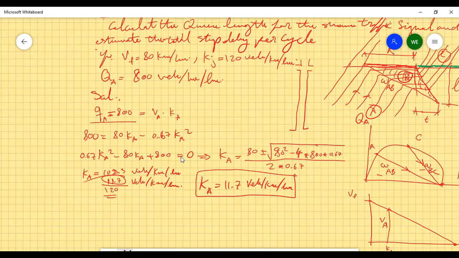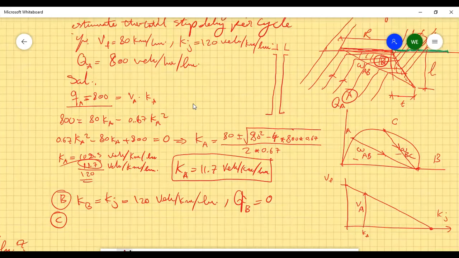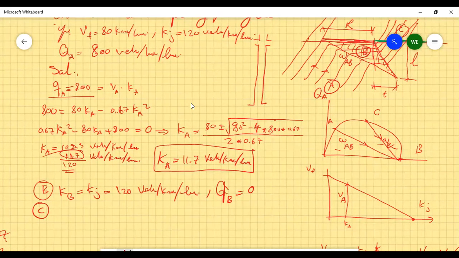Now for B, KB equal Kjam equal 120 vehicles per kilometer per lane, and QB equal 0. Now for the state of C, that's the saturation case. That's the maximum here. So QC equal Q maximum.